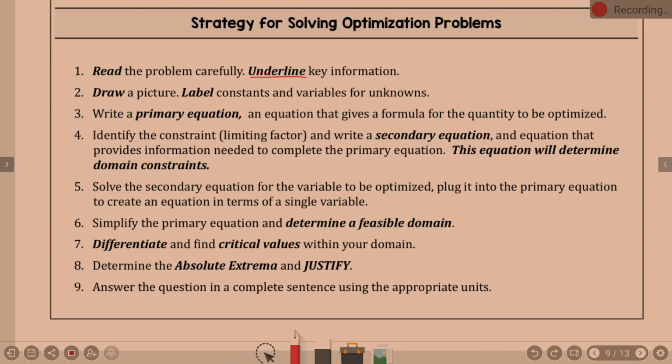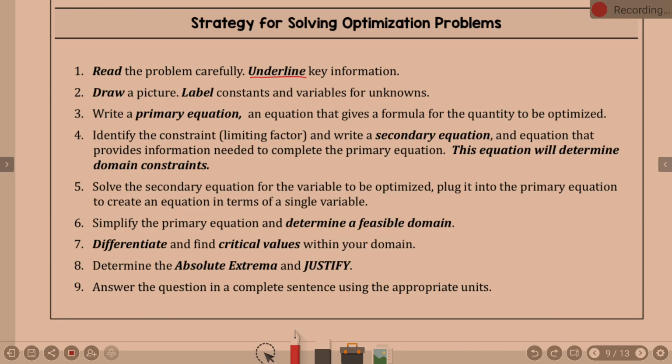We did yesterday where we had to write 2 equations sometimes and then combine them, like on the pasture. We had to write a formula for perimeter and a formula for area. One of them we solved for a variable to put into the other, so we just have one variable. That's what they mean by secondary. So solve the secondary so you can plug it into the primary.